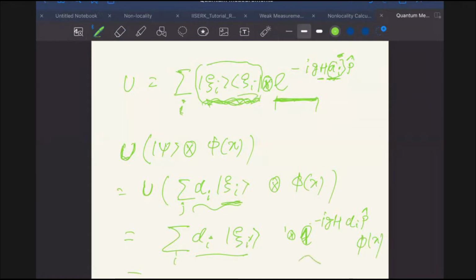So now consider this term. What is this? Only this momentum operator is there and some phi x. As this generates translation, phi x will be translated to some degree of freedom.